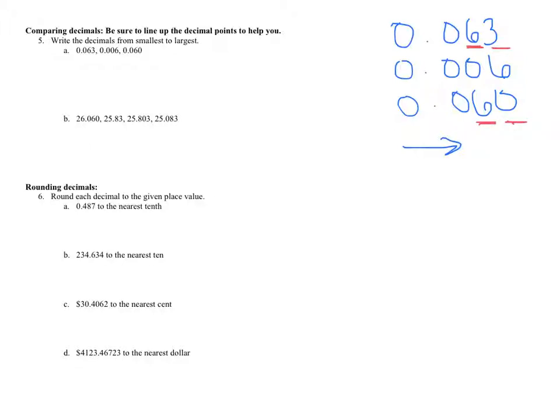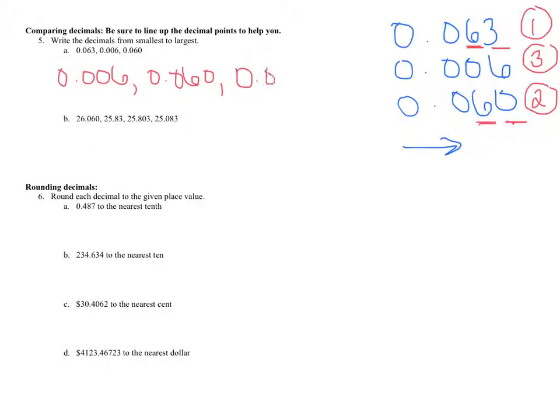Therefore, this 0.063 or 63 thousandths would have to be my largest. Then I would have this 60 thousandths next, and lastly, my smallest would be that 6 thousandths. So since this question asked us to write them from smallest to largest, I would say I have 6 thousandths first, followed by 60 thousandths, followed by 63 thousandths.